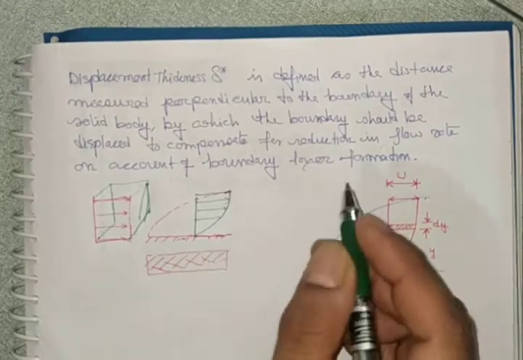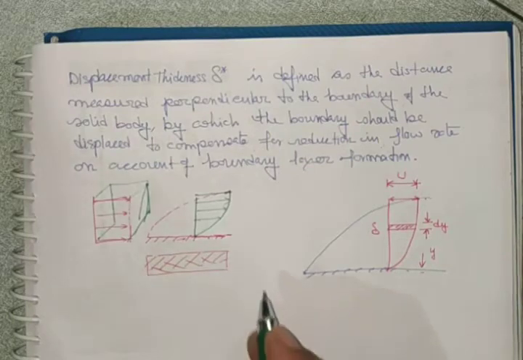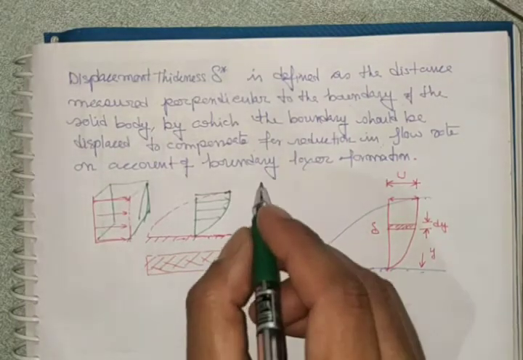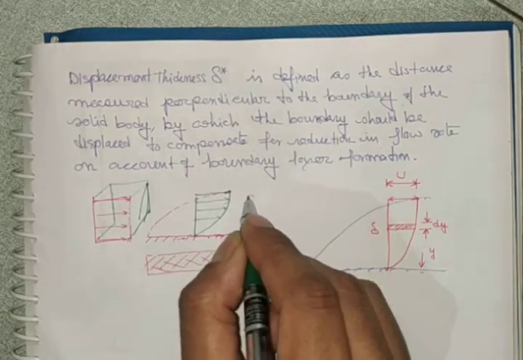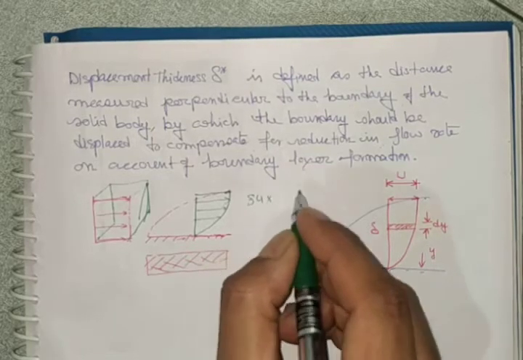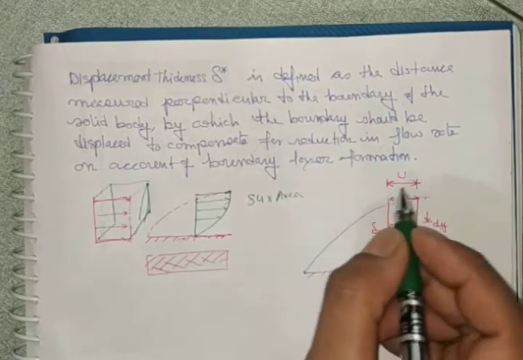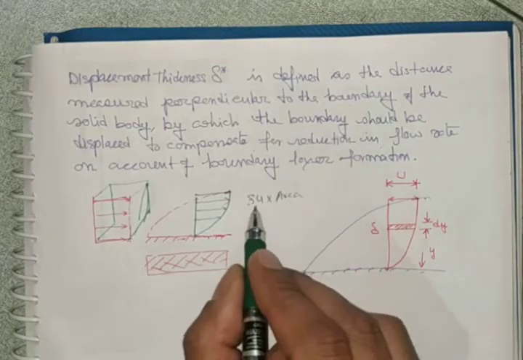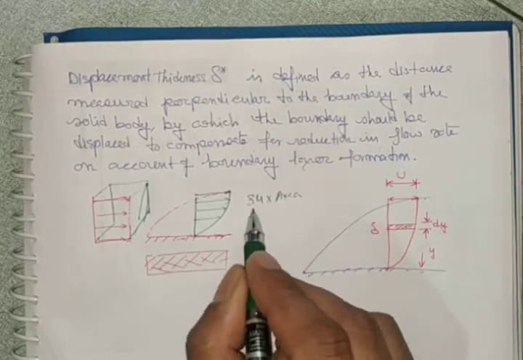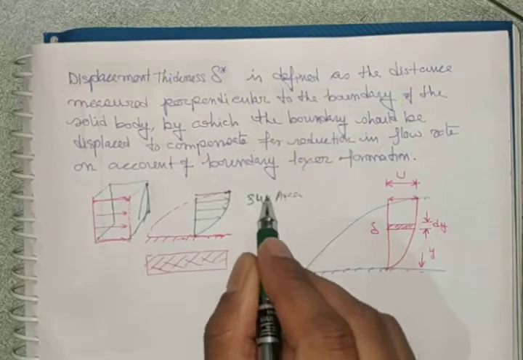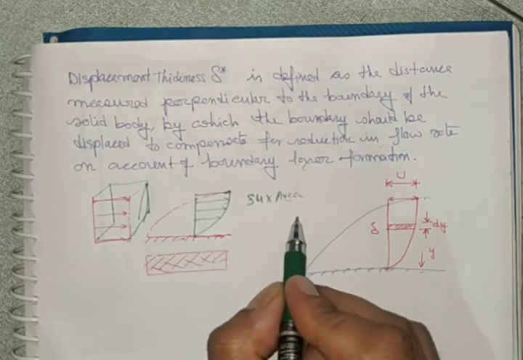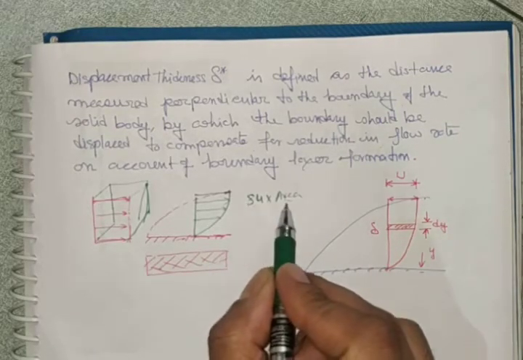Now you know mass flow rate is rho u into area. This is density, this is velocity, into area. This is mass flow rate.